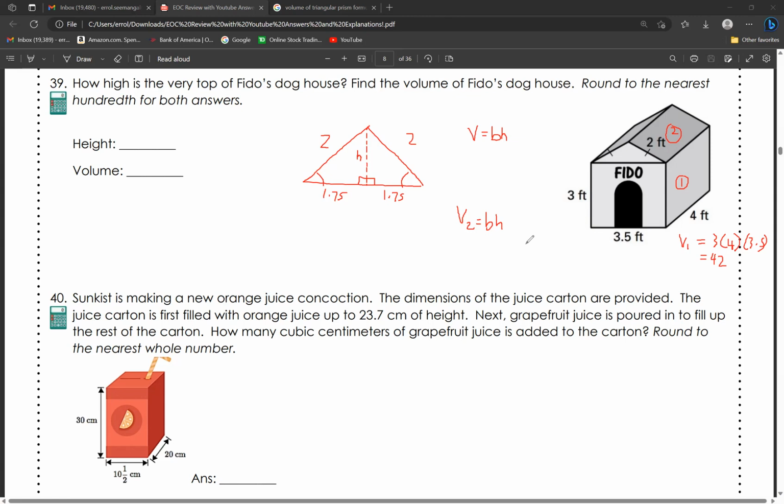Can we find h in that triangle? If this is an isosceles triangle, it has to be that angle and that angle have to equal each other. Okay, if that's 60 and that's 60, this whole thing has to be what?